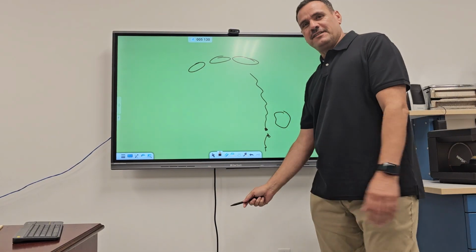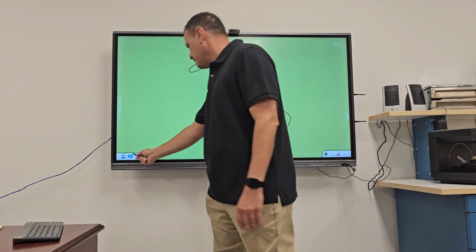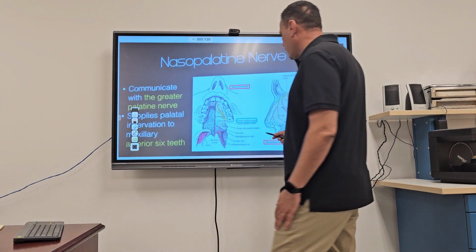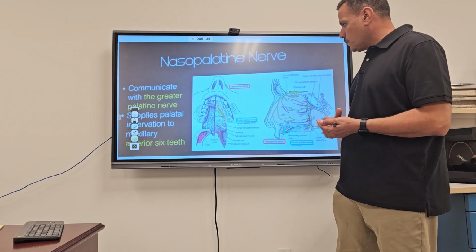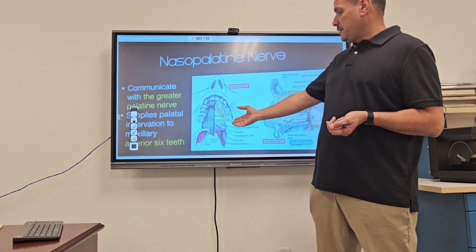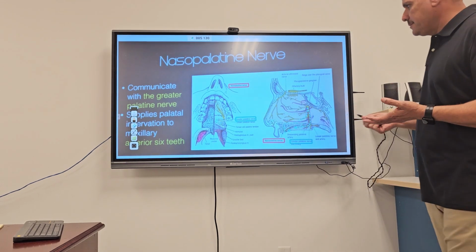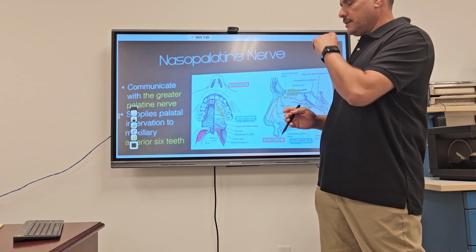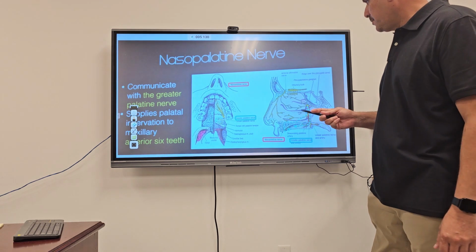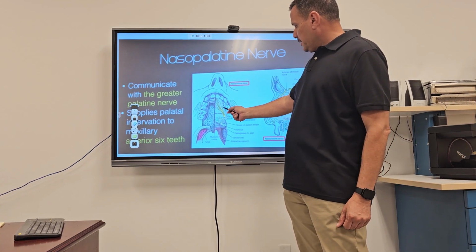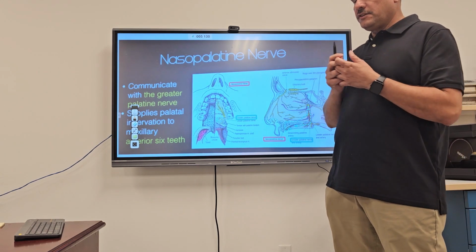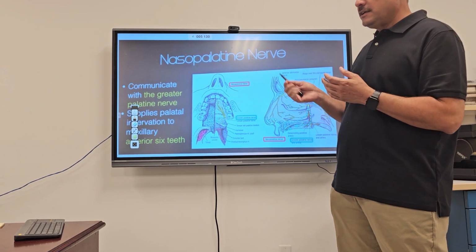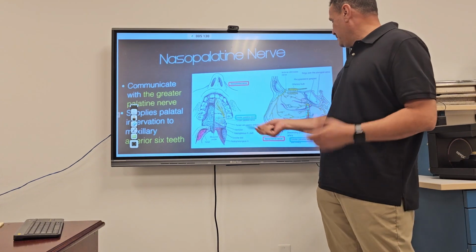So this is the greater palatine here, this is the lesser palatine. We never care about the lesser palatine, because when you do implant, unless we do surgery on the soft palate. But the greater palatine here in this area, sometimes because when teeth are extracted, resorption, the greater palatine would be in that area.